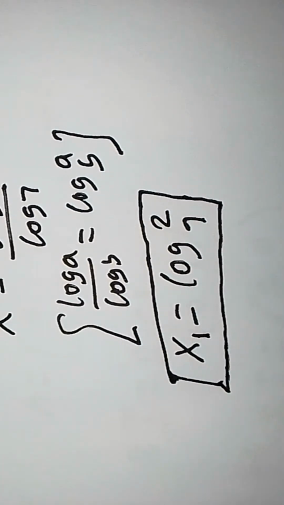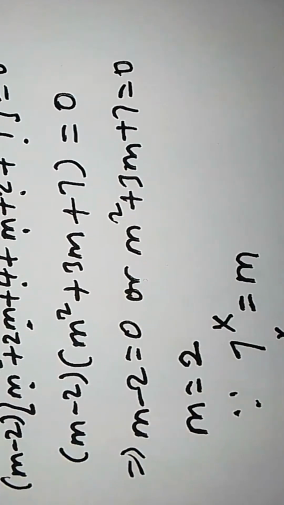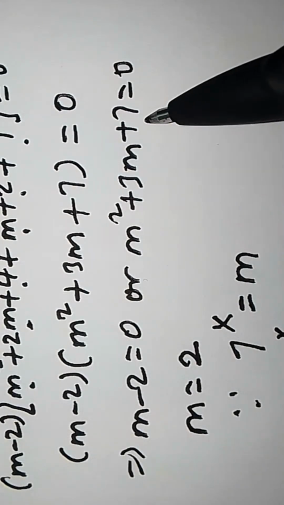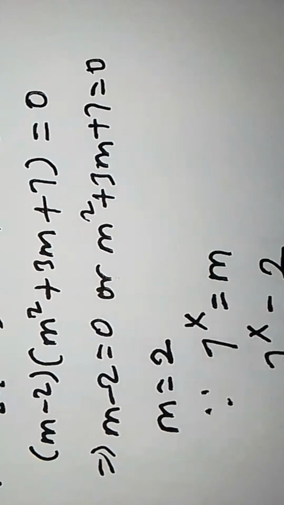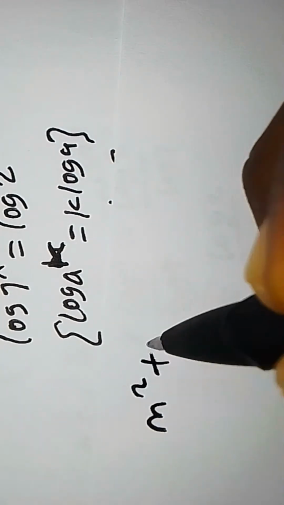The next thing we are going to do now is to solve the other quadratic equation, which is m squared plus 3m plus 7 equals 0. So let us do that. So we want to solve m squared plus 3m plus 7 equal to 0.